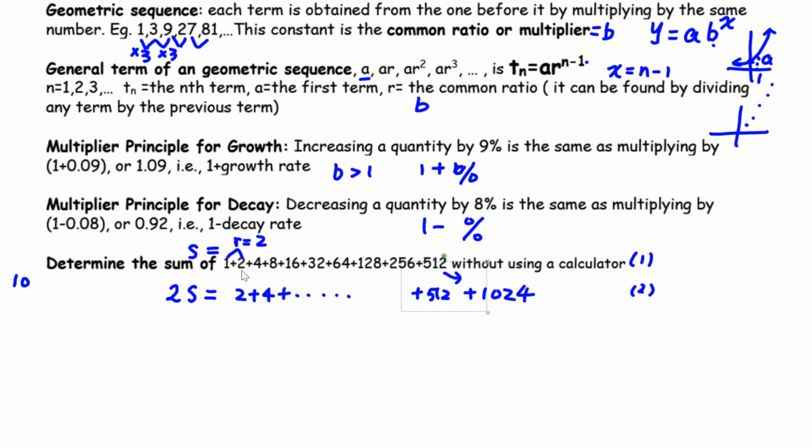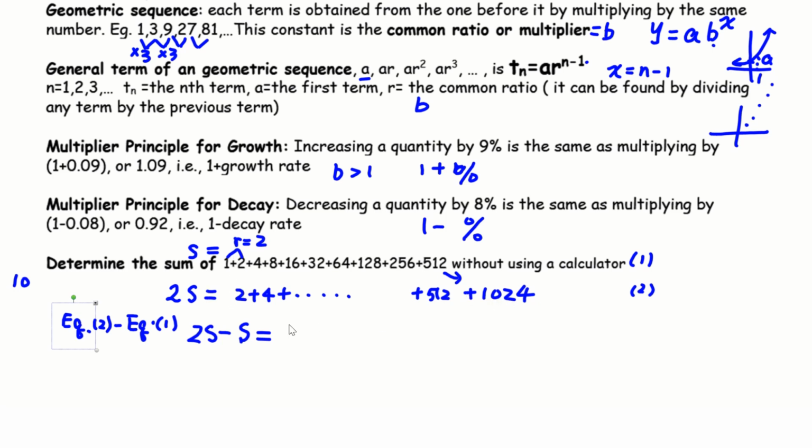If we subtract these two equations, equation 2 minus equation 1, we are able to cancel 9 terms out. So we have 2S minus S equals: the 2s cancel out, all the middle 9 terms cancel out.